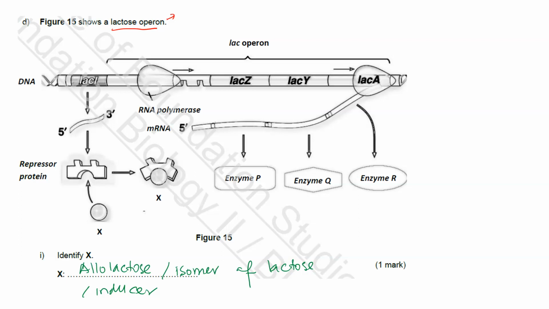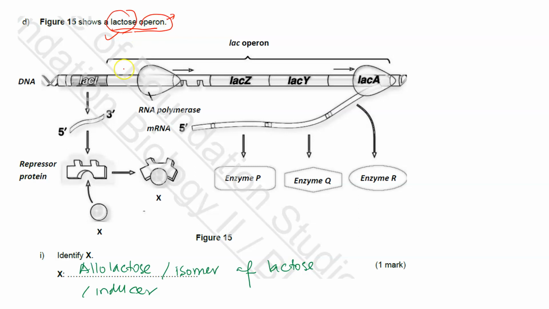Because we are focusing on the lactose operon, this group of genes will only be activated in the presence of lactose. It means that the operon will be switched on.